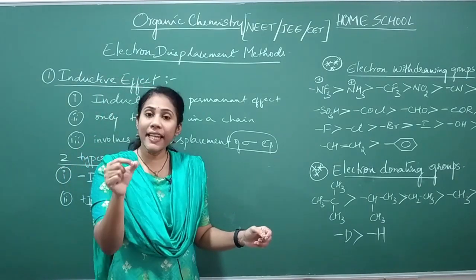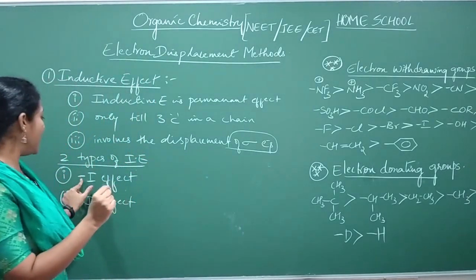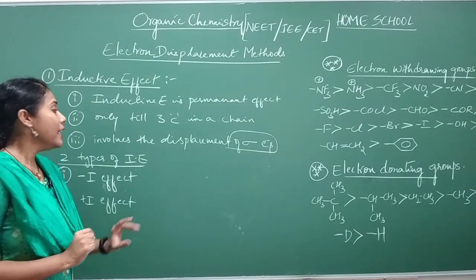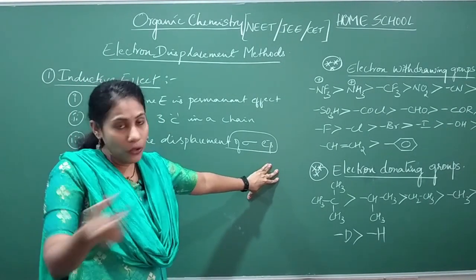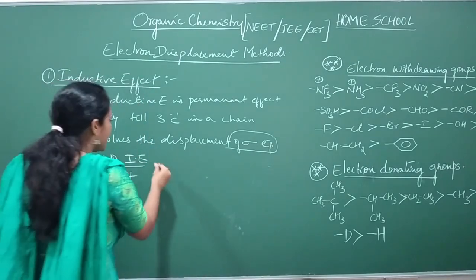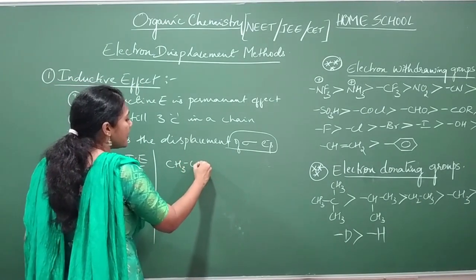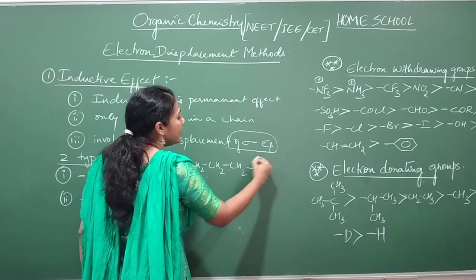Okay, and we have 2 types of effects. The first one is minus I effect, and the second one is plus I effect. Depending on what type of group is present, we have these 2 types. Say for example, we have a molecule CH3, CH2, CH2, CH2 and some group.